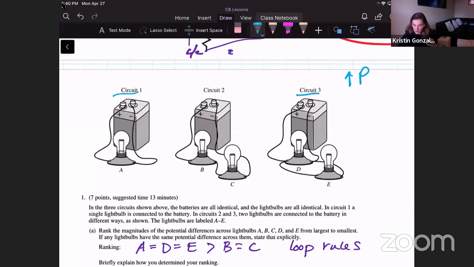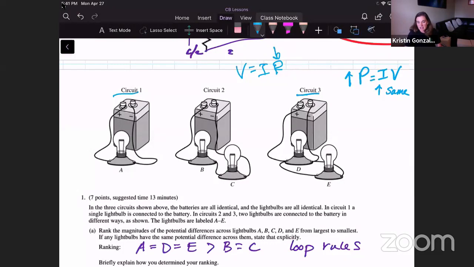If I want a good power, let's use I times V. So if they all have the same amount of potential difference, V, then which one of these is going to have the greatest amount of power? The one with the greatest amount of current being delivered from the battery. And how do we know it's going to have a big current? If we go to Ohm's law, we want a small amount of resistance.